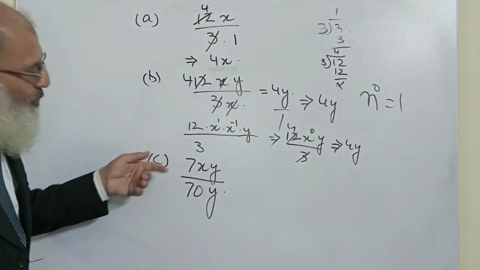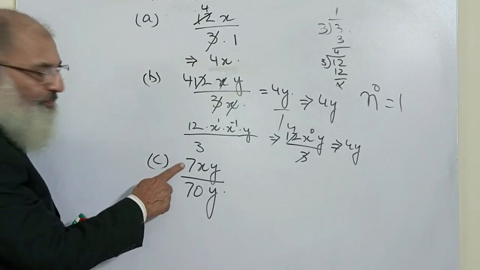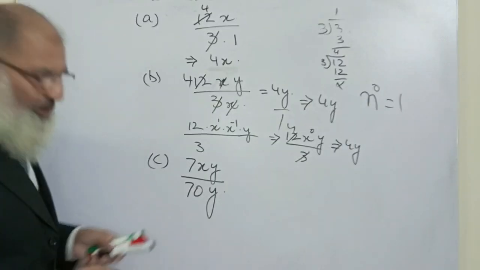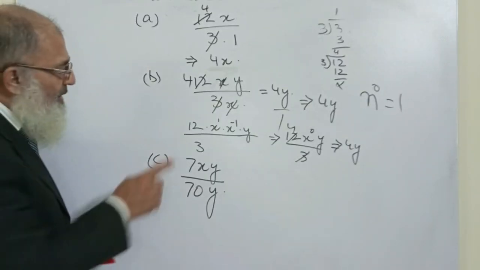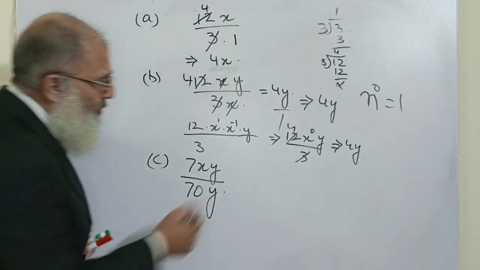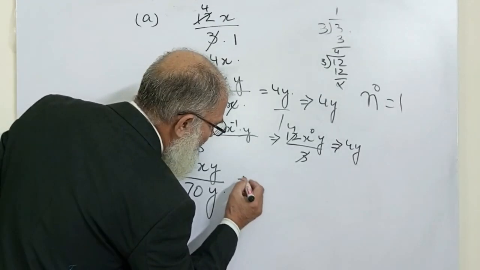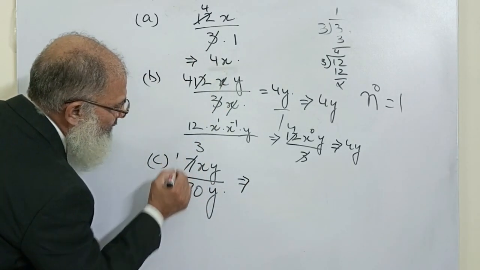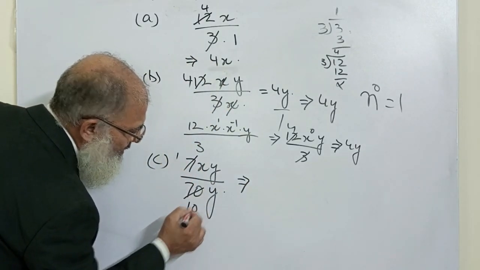So 7 1 times 7, we'll just do it in our mind. 7 1 times 7 and 7 10 times 70. So just start writing over here 7 1 times 7 and 7 10 times.